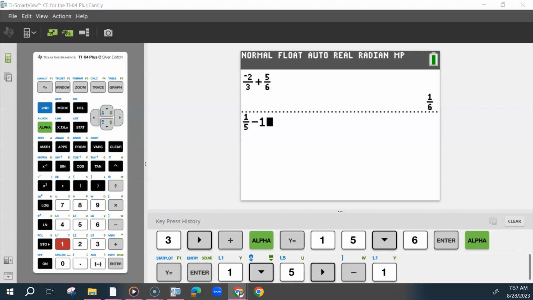And then you should get the same answer that we got. So always use this as a way to double check yourself, because this will simplify the fractions for you. You don't have to do it.